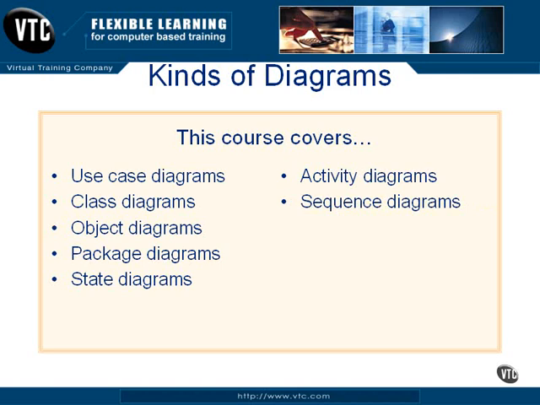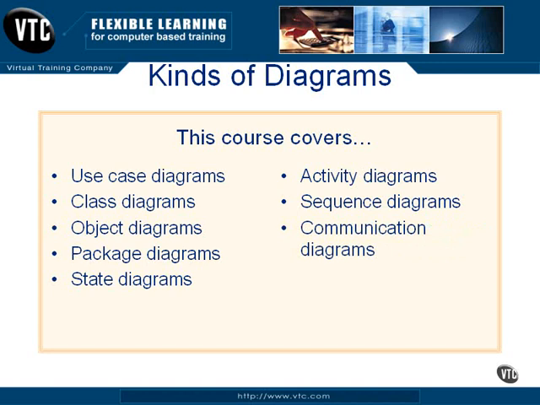We'll look at sequence diagrams, which are a kind of interaction diagram. These diagrams show how objects communicate with an emphasis on time and the ordering of messages. Another kind of interaction diagram that we'll look at is a communication diagram. Communication diagrams also show how objects communicate.